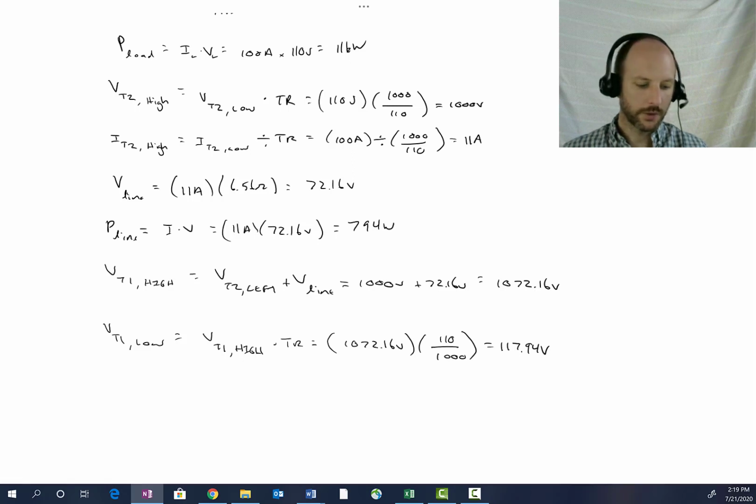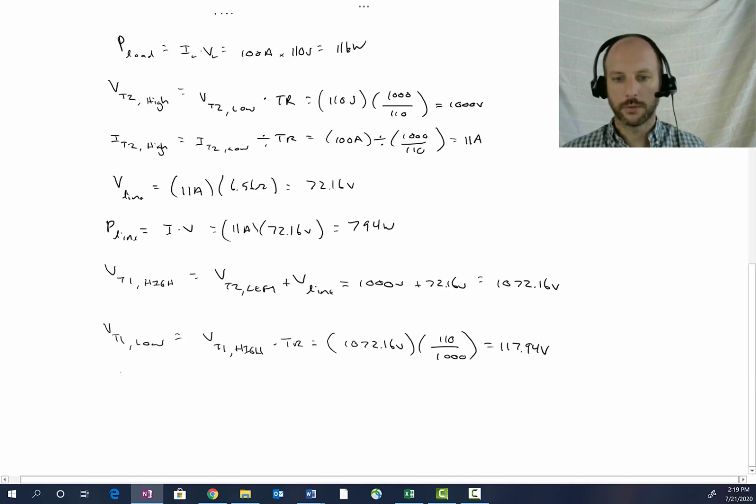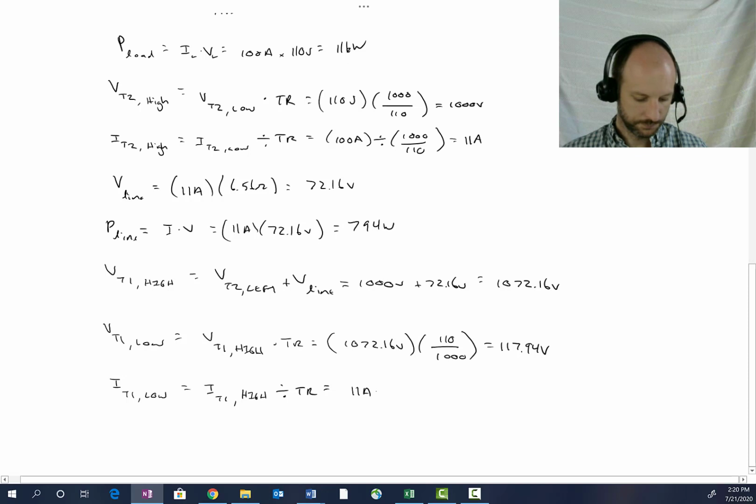We can calculate the current flowing through the primary side by dividing by the turns ratio. So we take that current flowing in the secondary, which was 11 amps, and divide it by 110 over 1,000. We should get 100 amps of current flowing there.